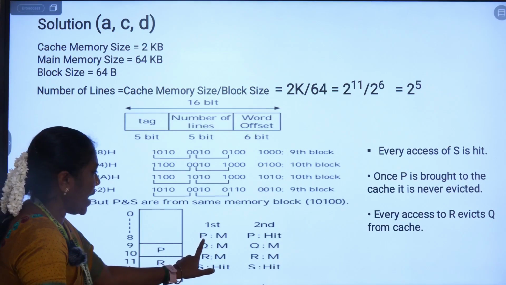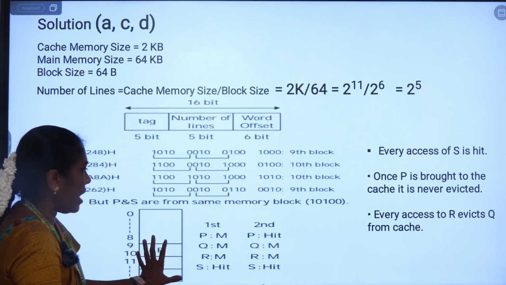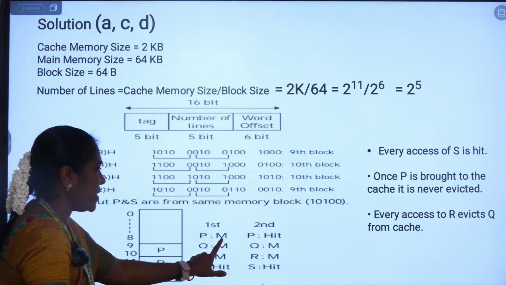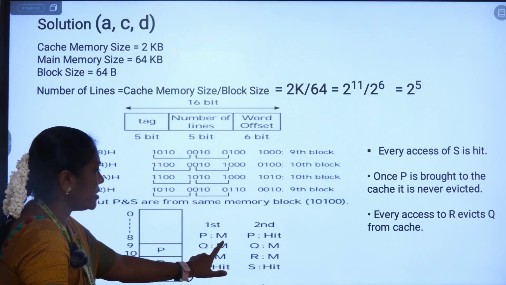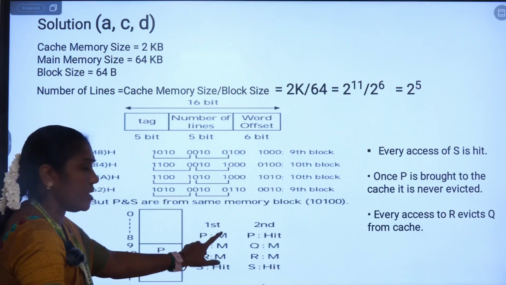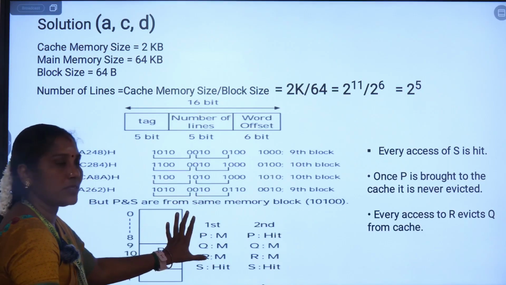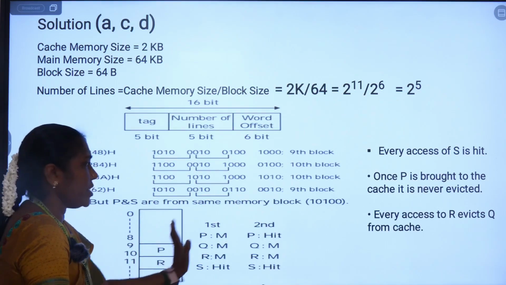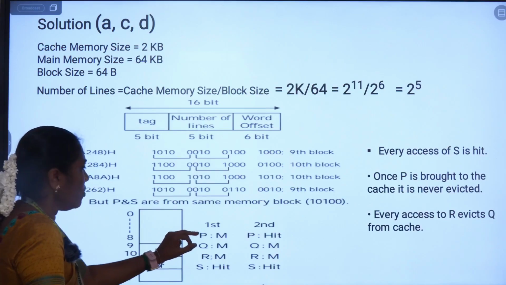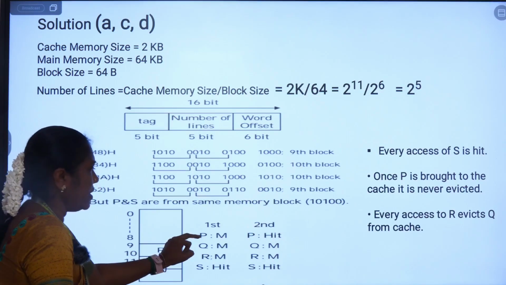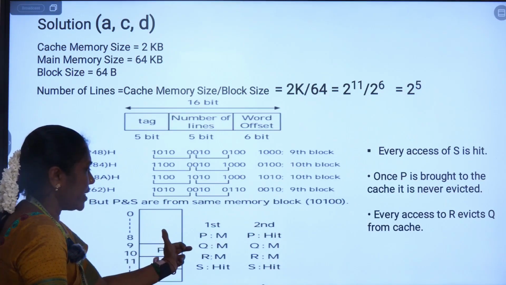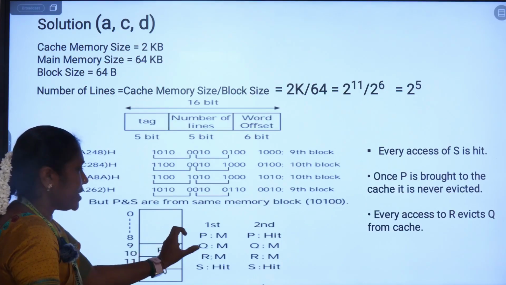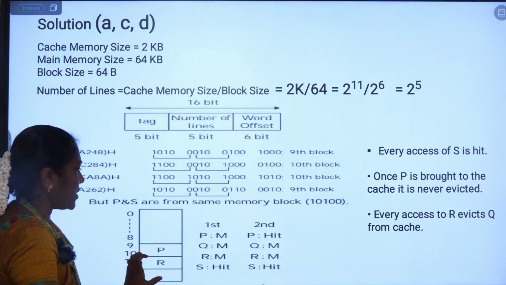So here, while accessing P, we do not have the data and it is recorded as a miss. That is what is mentioned as M. So whenever there is a miss in the cache, that data has to be transferred to the cache memory from the primary memory. So when this occurs for P, we copy the content of the data. That block is copied in cache.